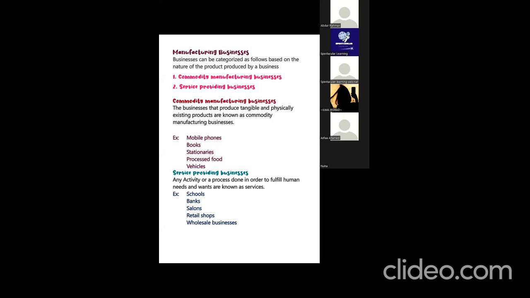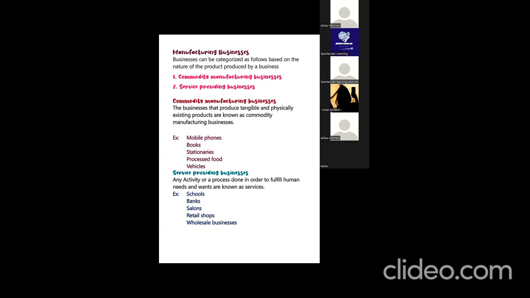Tangible means touchable. The business which produces tangible and physically existing products is known as a commodity manufacturing business. For example, companies that produce mobile phones, stationery, food, vehicles.